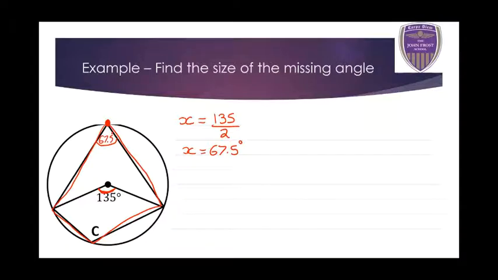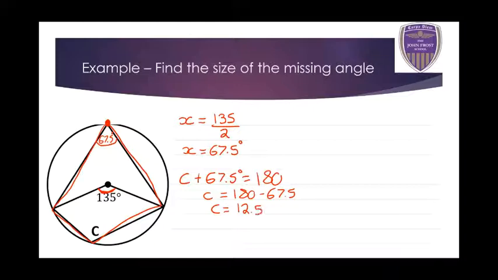I now know that angle C plus 67.5 degrees is equal to 180. Therefore, C equals 180 take away 67.5 degrees. Therefore, C is equal to 112.5 degrees. Okay, that's your final answer to question C.